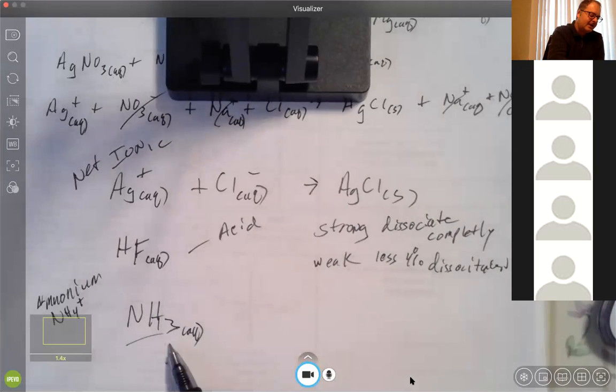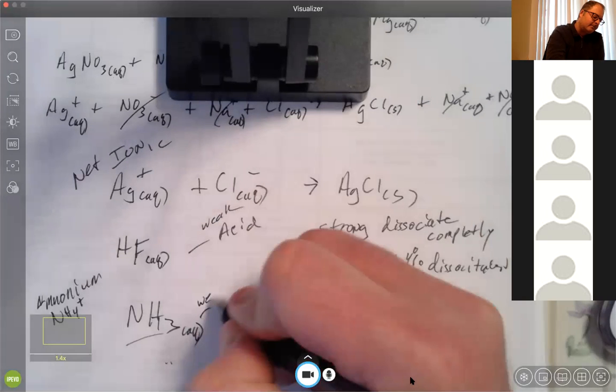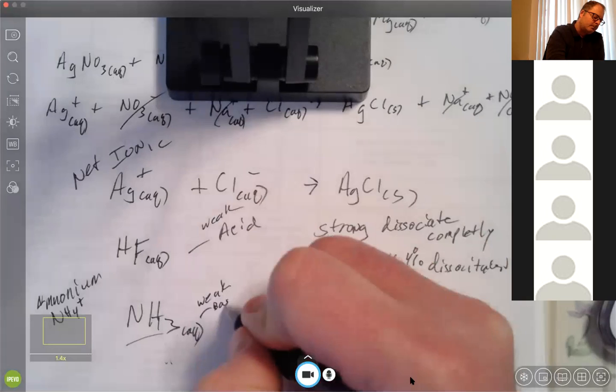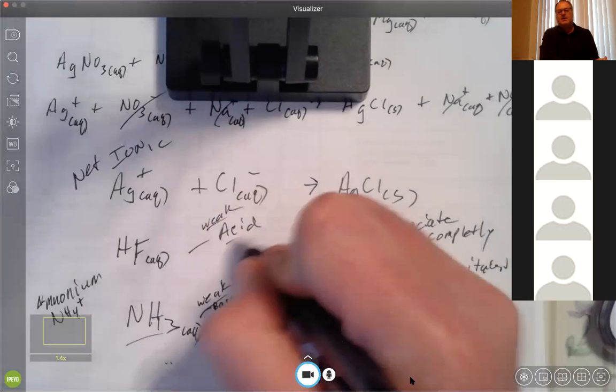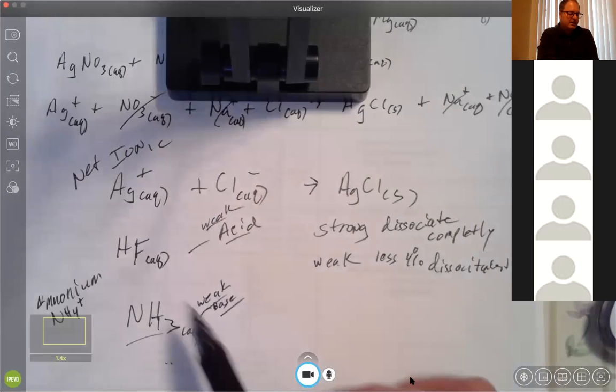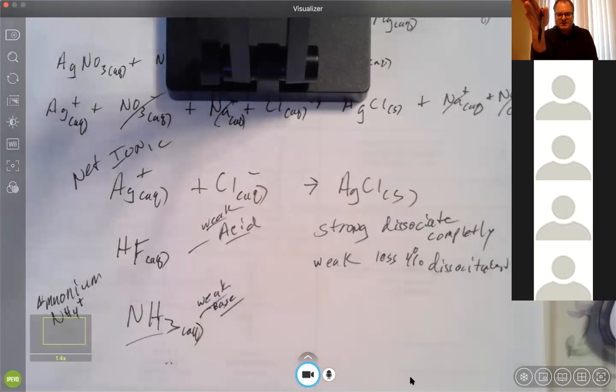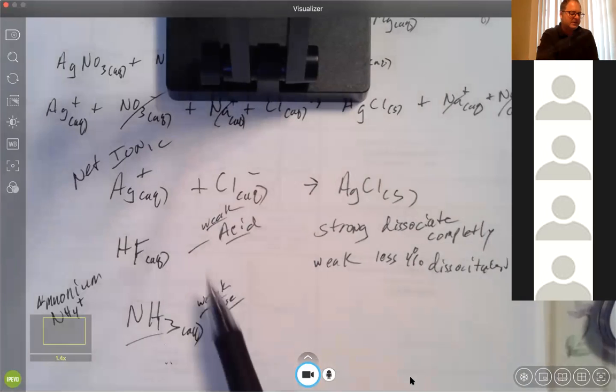So just as this was a weak acid, this was a weak base. And I think it was kind of sneaky of them to put that into the reactions chapter, because we talk about this dissociation a little bit more when we get into equilibrium of acids and bases next semester. So I thought that was pretty sneaky.